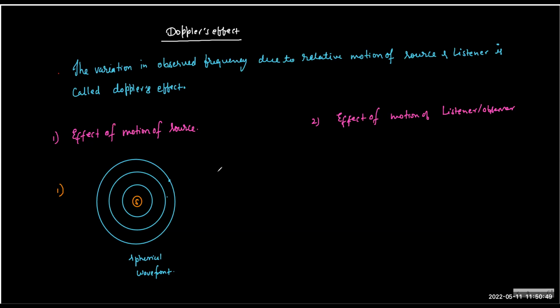So the whole idea is, if the source is at rest, the wavefronts will be symmetrical and concentric. You can think of the wavefront as the crest. The distance between two crests is called lambda.